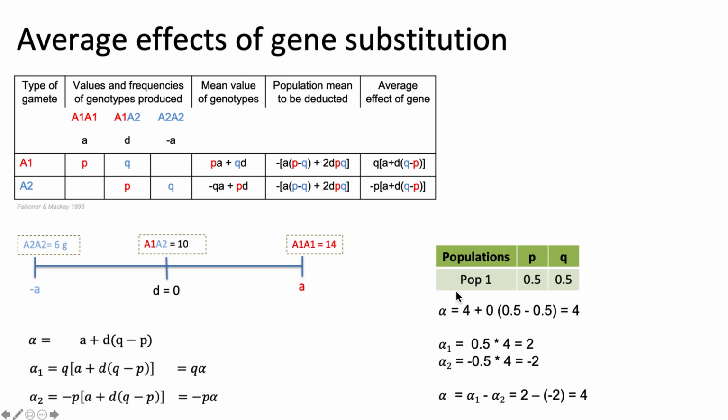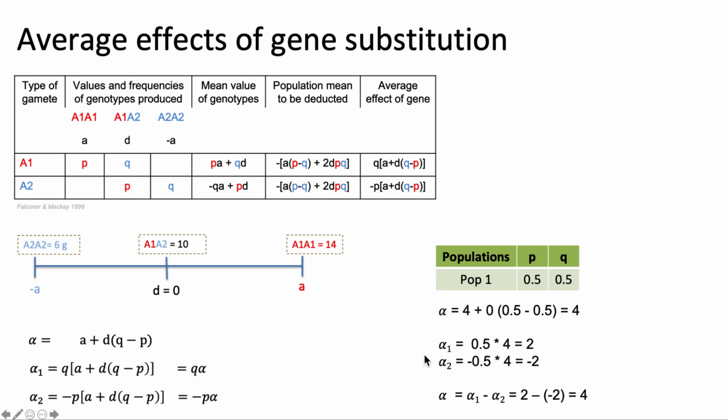If we use this formula to estimate the allele substitution effect, you can see that the difference between the homozygous and the midpoint is the same, 4. But now d, the dominance deviation, is equal to 0 because the heterozygous are just in the middle between both homozygous. So the allele substitution effect is equal to 4.